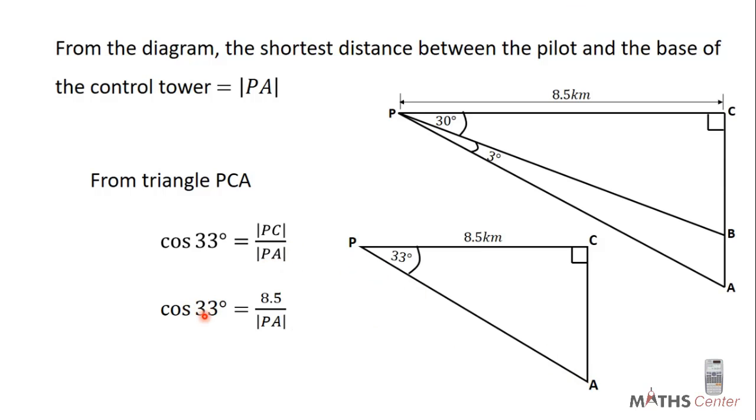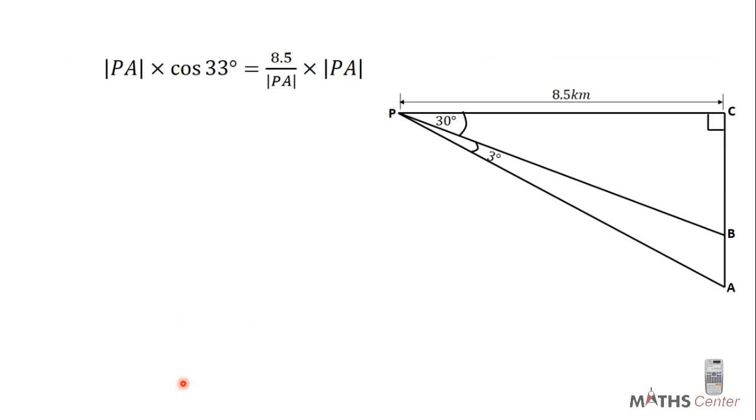So cos 33 degrees is equal to 8.5 divided by PA, which is the distance we are looking for. So I'll multiply the left hand side by PA, I'll multiply the right hand side by PA. So PA and PA will cancel. I'll get PA cos 33 degrees is equal to 8.5.